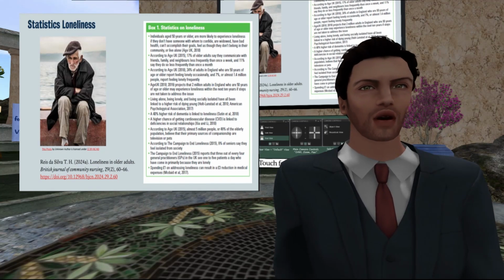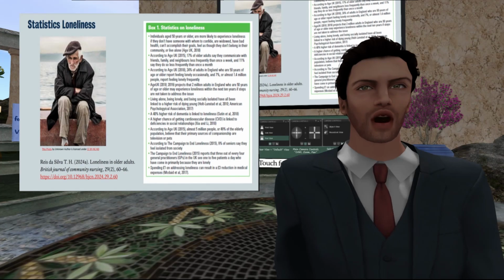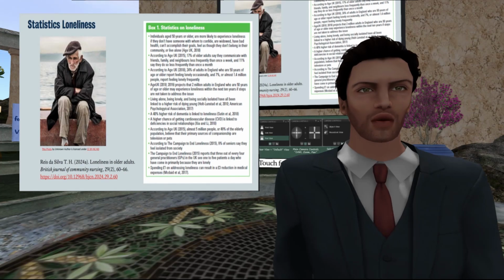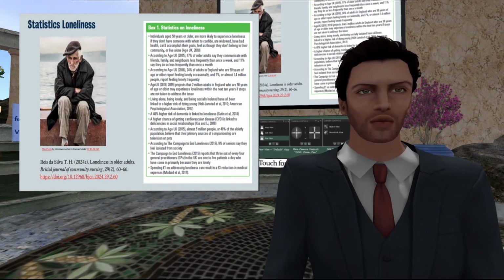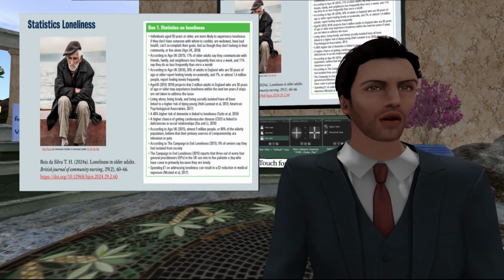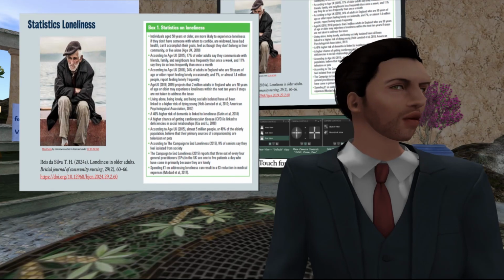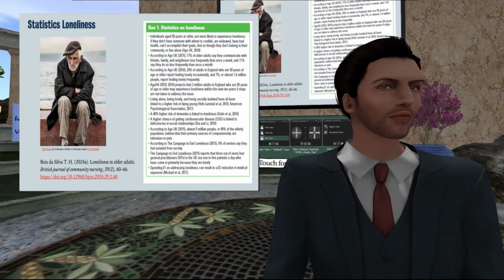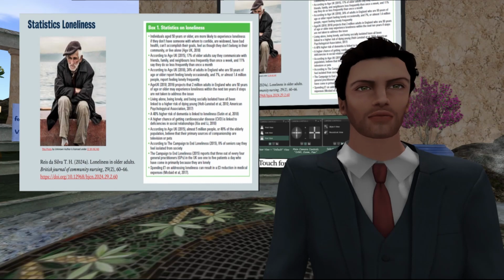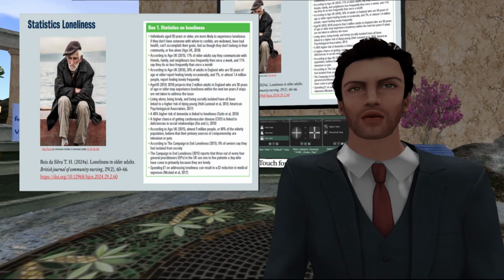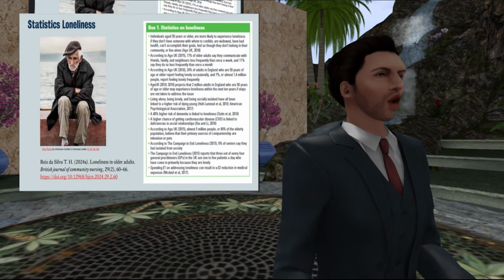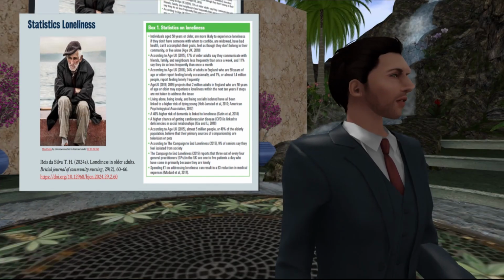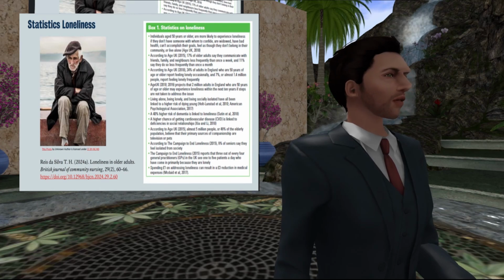And it is interesting that 17% of older adults say they communicate with friends, family, and neighbors less than once a week, and 11% less frequently than once a month. We think, well, 17 and 11% is not that much. But if we put that in perspective, it is 1 in 10 individuals only speaking with friends once a month.